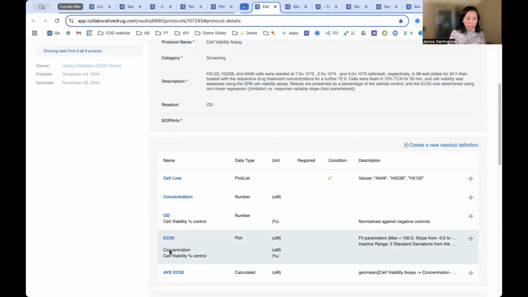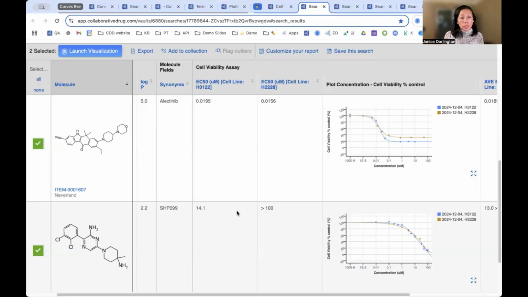I've got concentration on the x-axis. I have my cell viability expressed as a percent of the control because I took those raw data OD values and normalized them against the vehicle controls. I have also averaged the EC50 values.